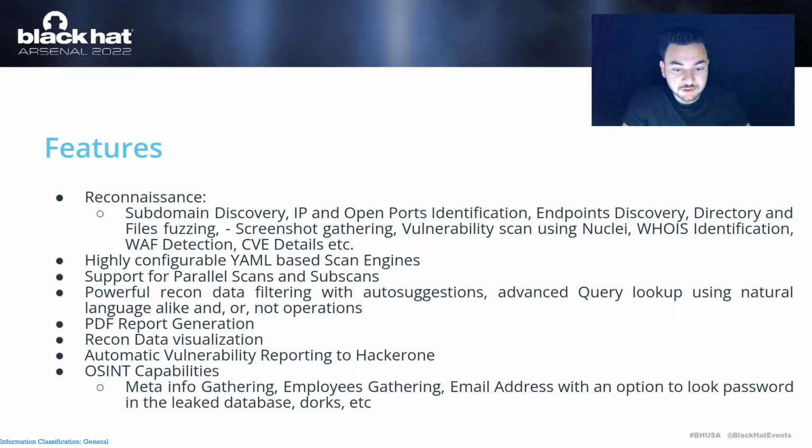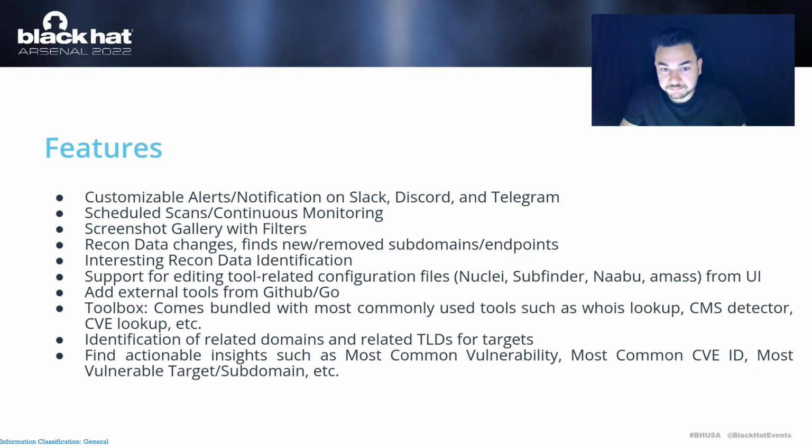And we also have OSINT capabilities, and customizable alerts and notifications on Slack, Discord and Telegram. What I mean by customizable alerts is that you can say, only send me a notification when new subdomains are found. Or, send me notifications only when a high or critical vulnerability is found. Those things are possible here.